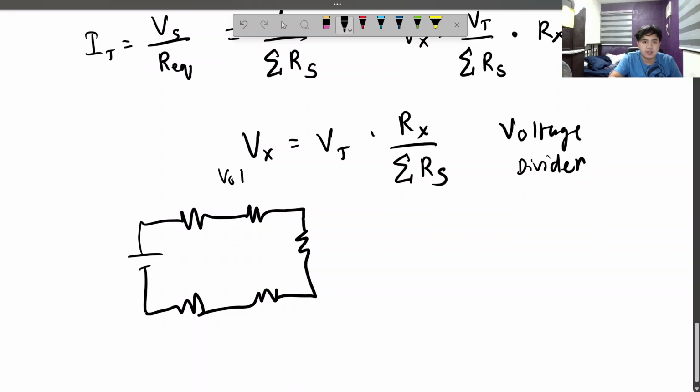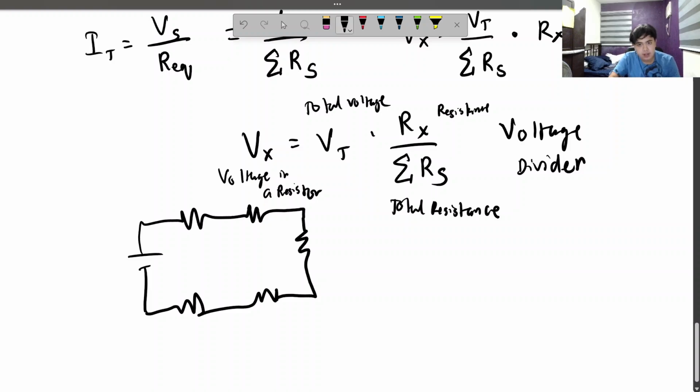Vx is the voltage across a particular resistor. Vt is the total voltage. Rx is the resistance, and the sum Rs is the total resistance. So that's going to be nice. All right, that's the voltage divider law.